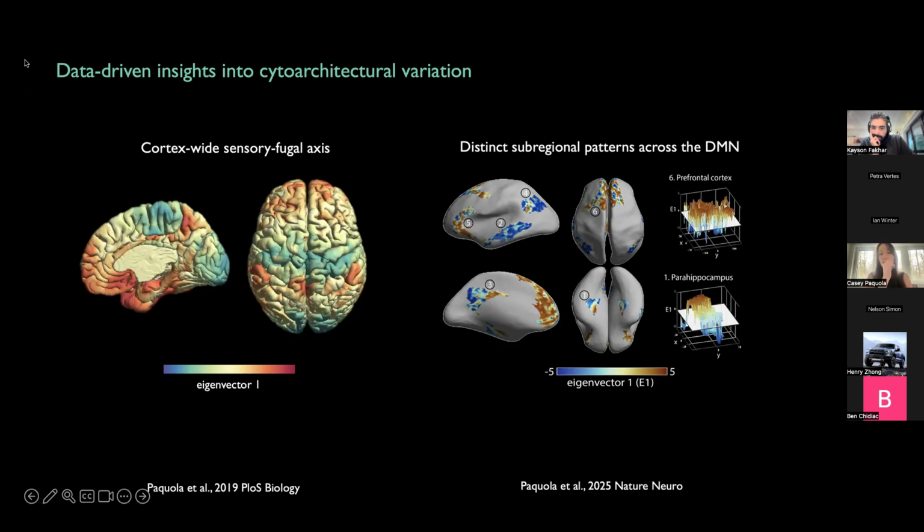So for example, the parahippocampal area of the default mode has this very smooth gradient from red to blue, whereas the prefrontal cortex has this interdigitated pattern. It really fluctuates very quickly between these different types of cytoarchitecture. And we're hypothesizing, and the moment we want to follow up on this as well, is that this is related to the different forms of information processing in these areas, because the neighborhood that you're in the brain is very important for the type of information that you're receiving.